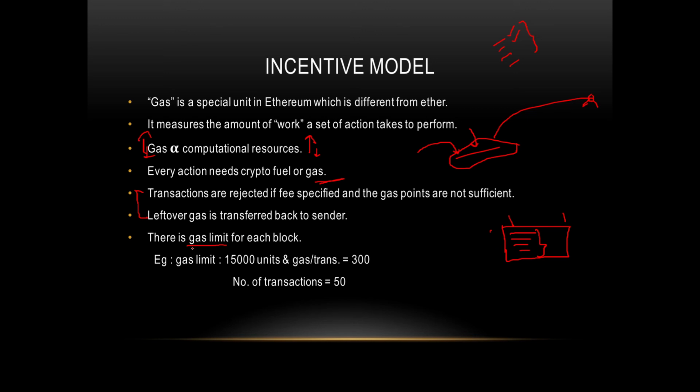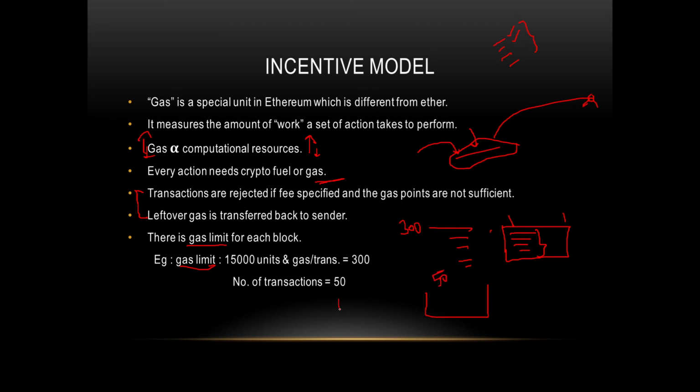So there we have an example out here. If a block has a gas limit of 15,000 units or points, and there are a lot of transactions in the mining pool, and each transaction has, say, 300 gas points for its execution, then in a block he can at the max put 50 transactions.